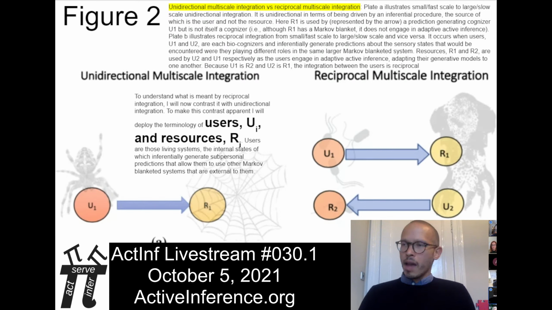And that recognition can come through, for example, epistemic foraging, or just applying a model to a type of resource that has been applied previously. This is also the case with something like stigmergy, right?